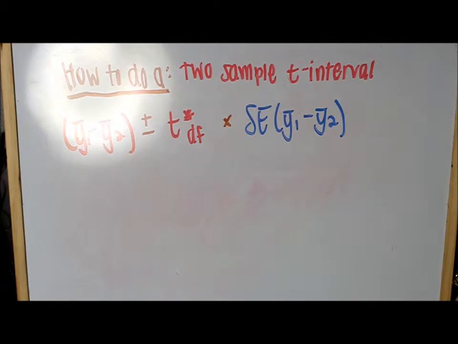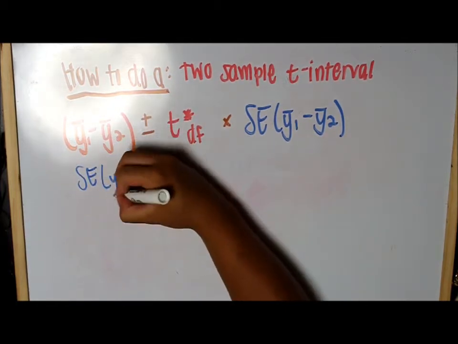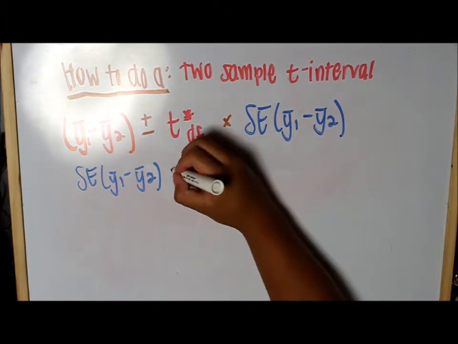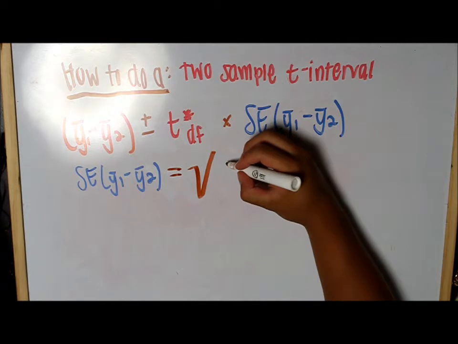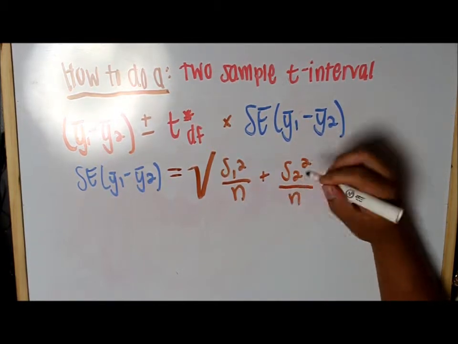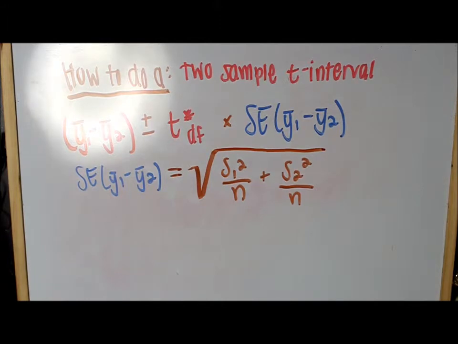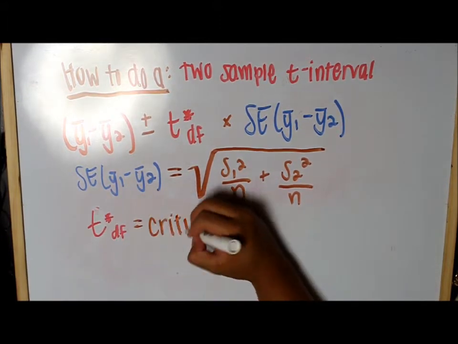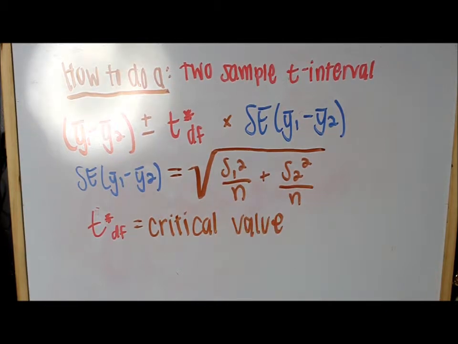The standard error of y bar 1 minus y bar 2 is the square root of the standard deviation of group 1 squared over its sample size plus the standard deviation of group 2 squared over its sample size. And the t star value is also known as the critical value.